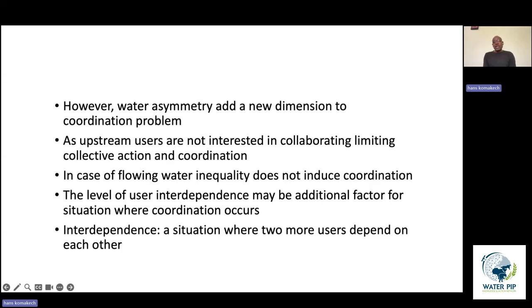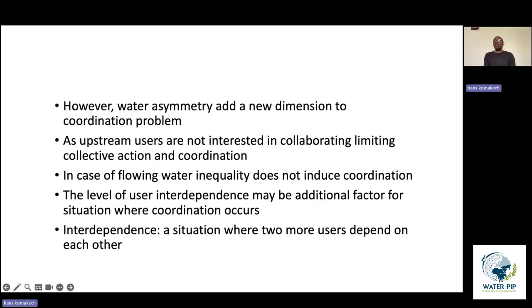Here we are talking about a situation where users upstream may not be interested in collaborating, which limits collective action and coordination. It could also be because water is flowing from upstream, so the inequality does not lead to coordination arising.